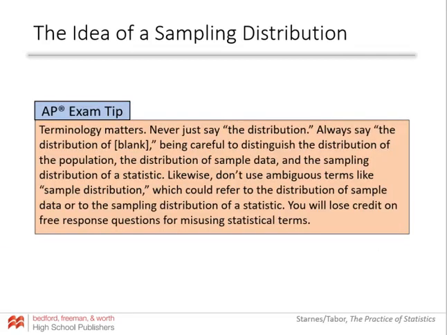Okay, all of these terms are very important. So we can't just say "the distribution" in an FRQ situation. You have to name the distribution, so you have to exactly say what it is.